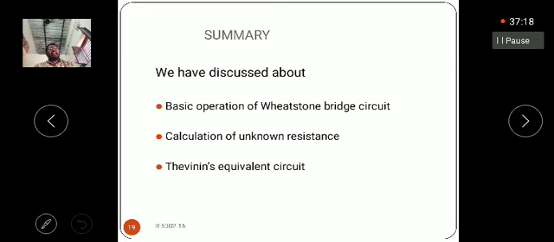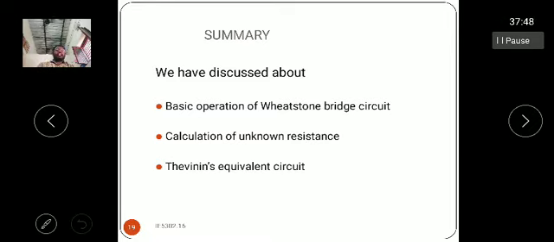Then we calculated the total equivalent resistance between the terminals C and D. These two are connected in series. Then the galvanometer resistance is connected in series with the Thevenin's equivalent circuit. Finally we convert the Wheatstone bridge into the Thevenin's equivalent circuit, that is VTH, RTH and RG.